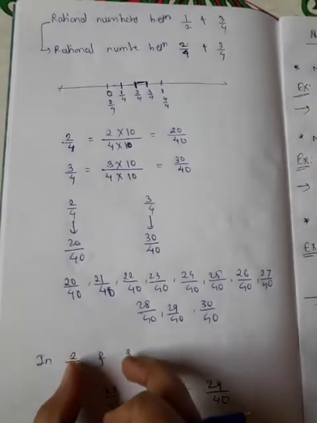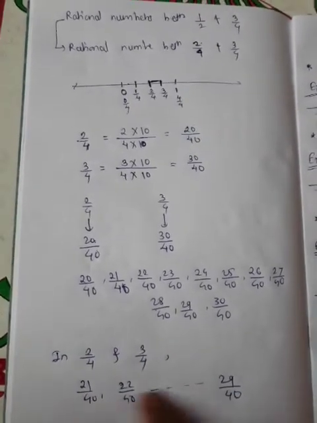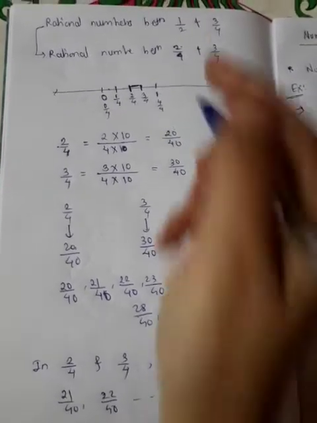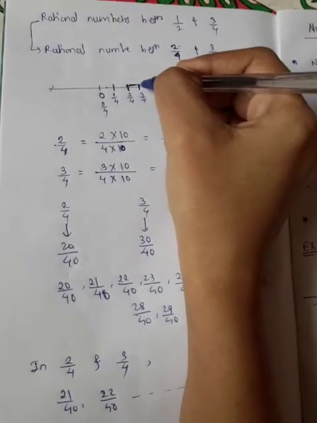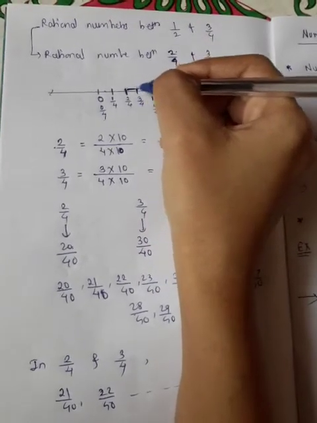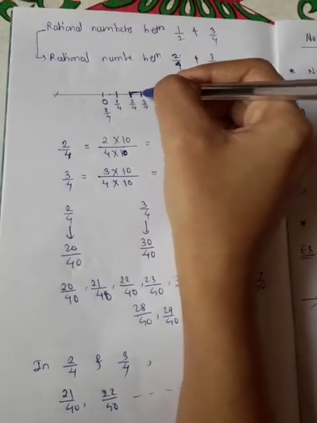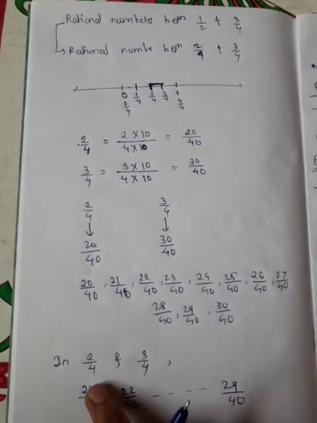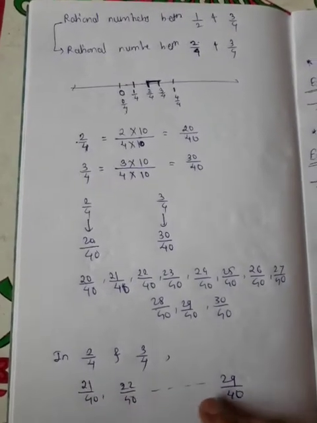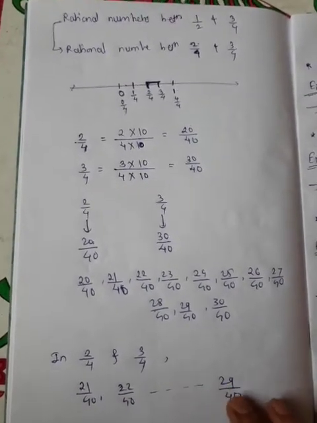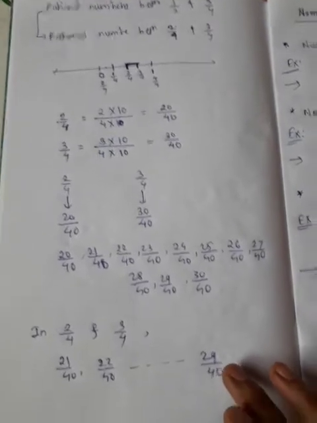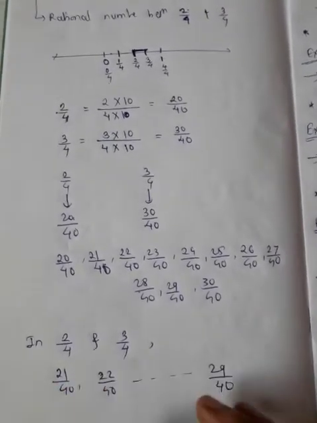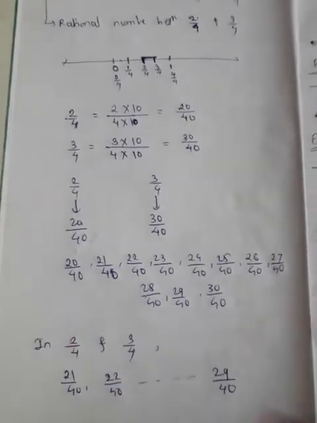So here we get 9 rational numbers between these two rational numbers.